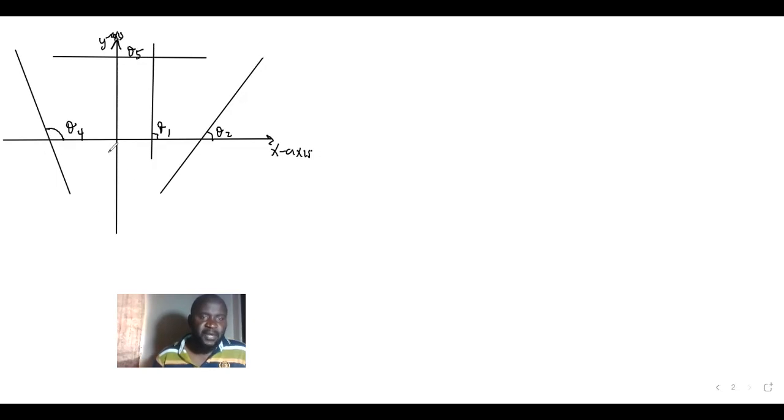So from such a graph of those different lines, it is worth noting the following. One, theta 1 is equal to 90 degrees.